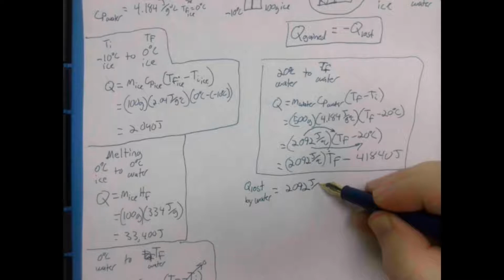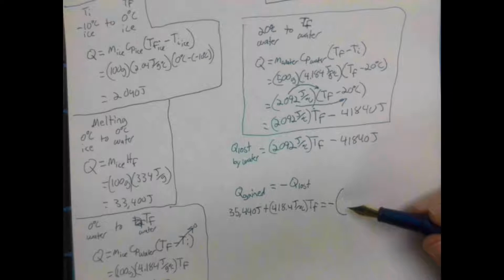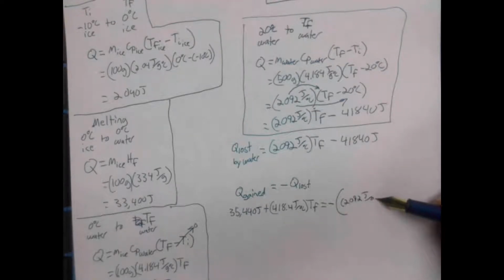And this has to equal negative, big parentheses, 2092 joules per degree Celsius times Tf minus 41840 joules. So simplification, we're going to distribute the negative in.